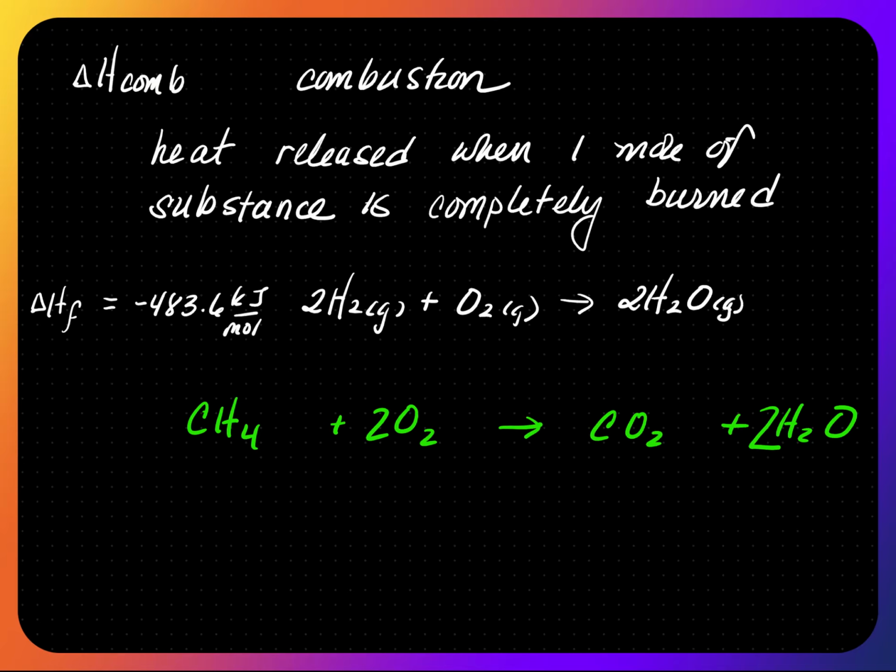The second way you will see enthalpy of reaction is in a combustion reaction. So it's going to be abbreviated delta H comb, for combustion. It is the heat released when 1 mole of substance is completely burned. So it is any type of combustion reaction, like we discussed in class.